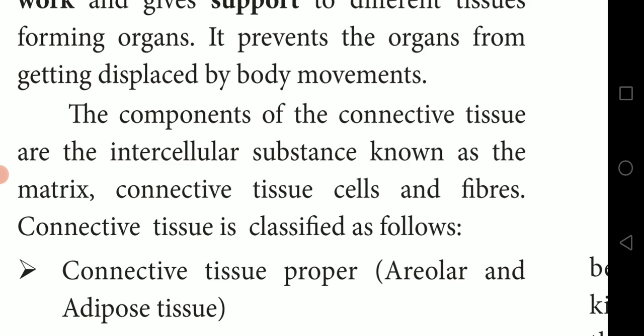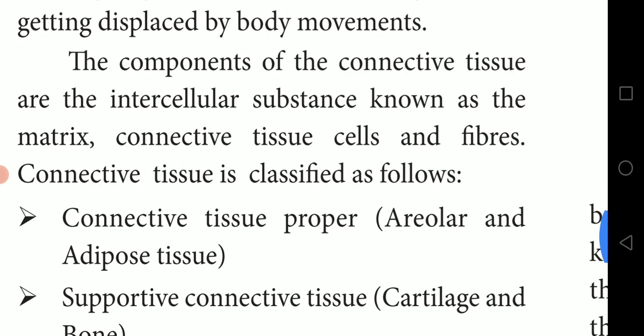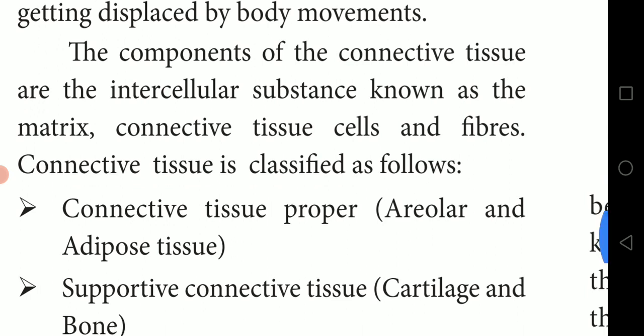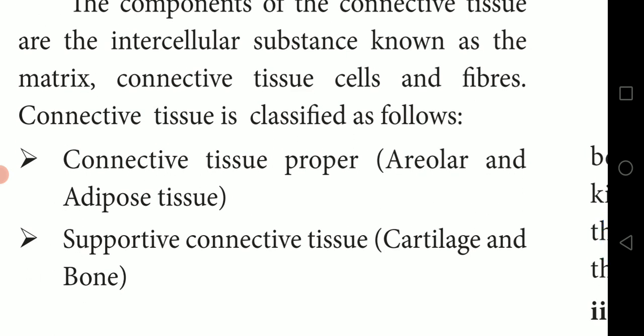The component of the connective tissues is the intercellular substance known as matrix. Underline intercellular substance, called a matrix, connective tissue cells and fibers. The connective tissues are classified into the following.